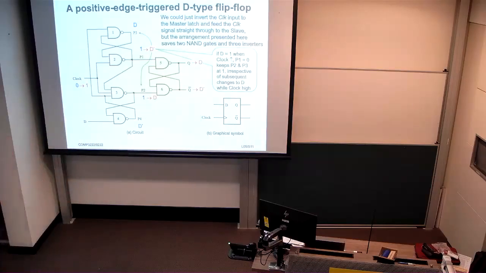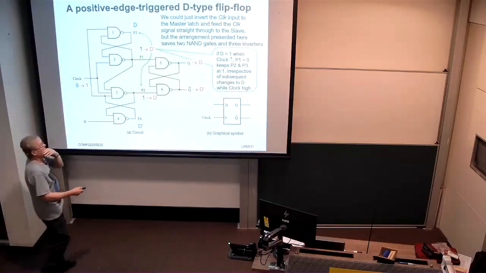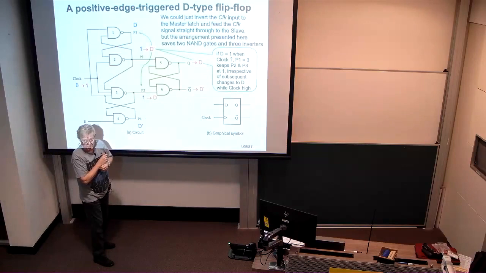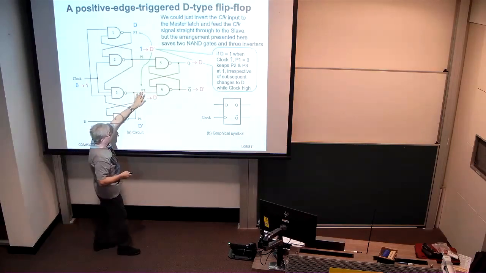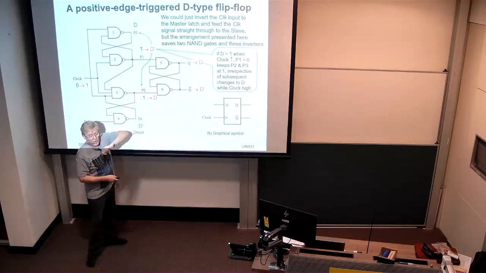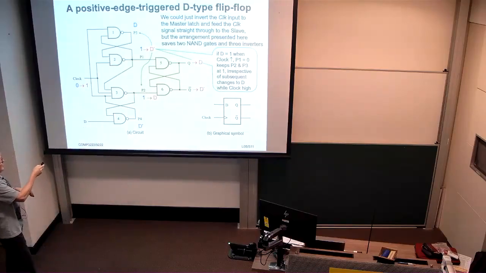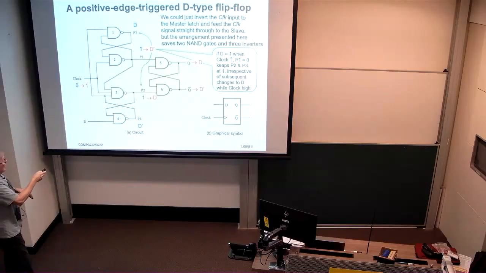On the other hand, if D is 1 when the clock goes high, then P1 is forced to 0, and that forces the output P2 to 1 and forces it to stay such. And the same with P3. With P1 being 0, the output of P3 must be 1, right?